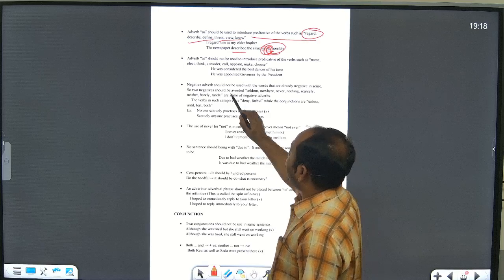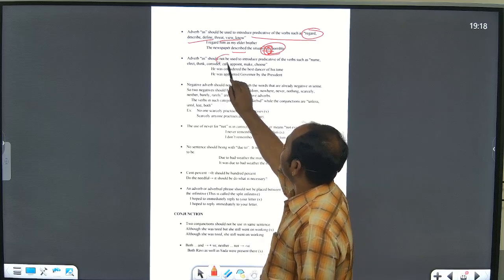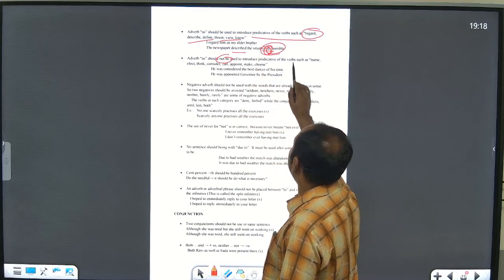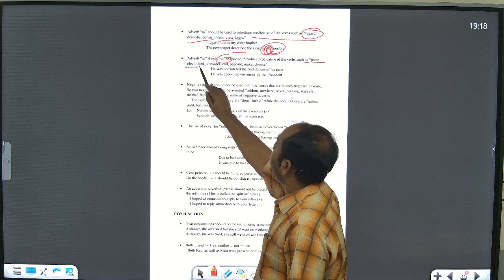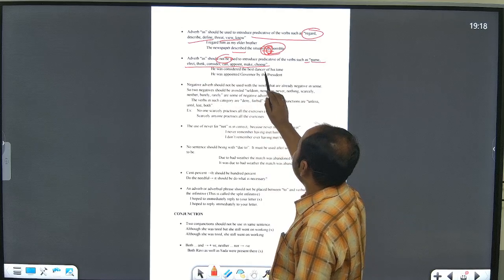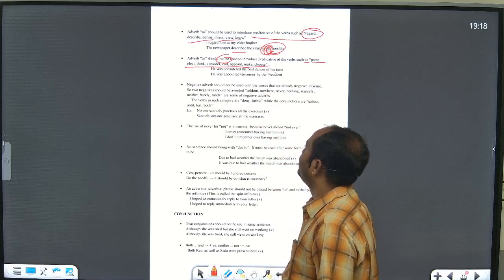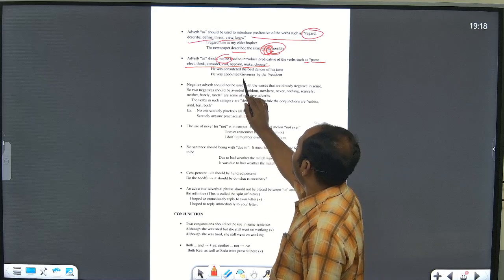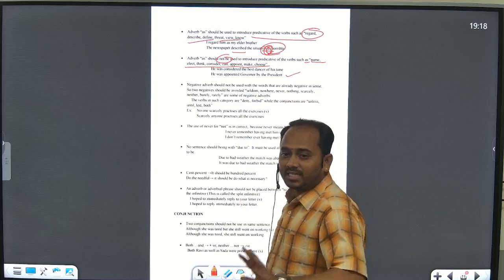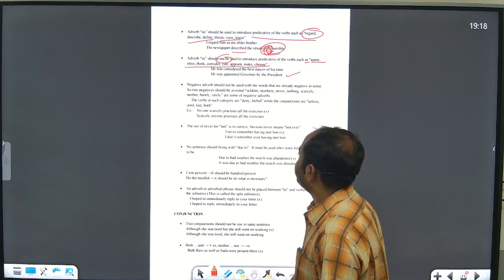And as should not be used with these words: name, elect, think, consider, call, appoint, make, choose. He was considered the best dancer of his time. He was appointed as governor should not be used. We should not use as governor because appointed is used.